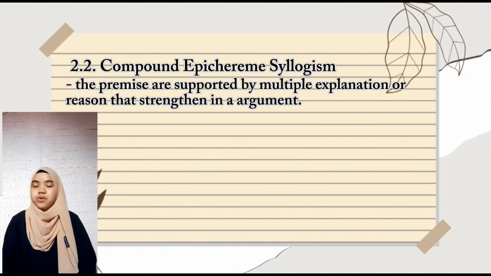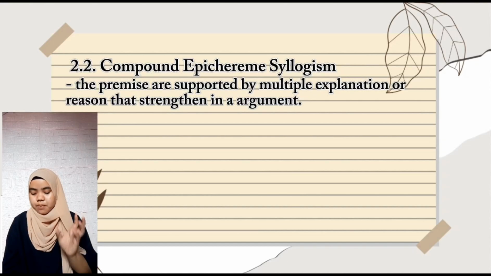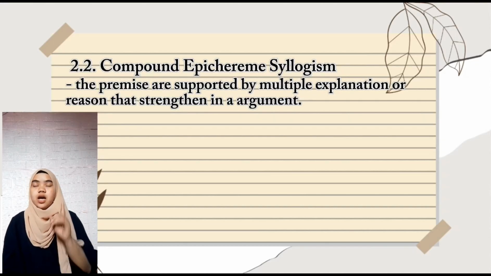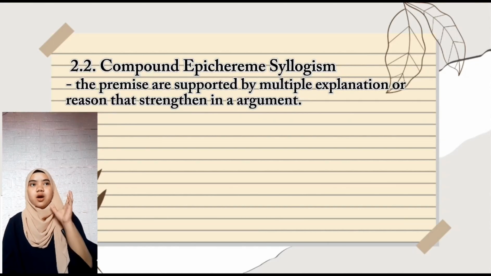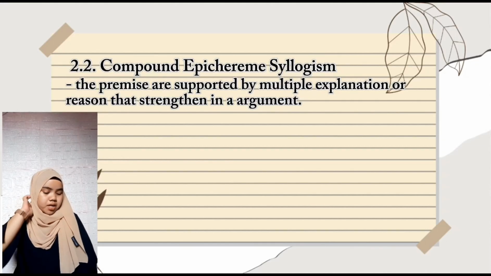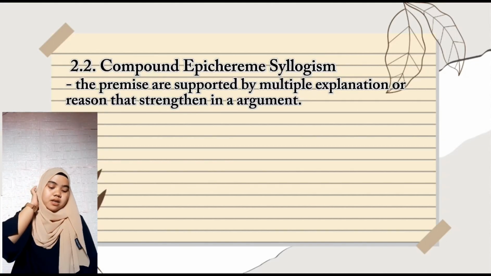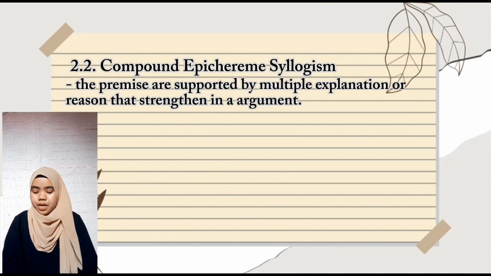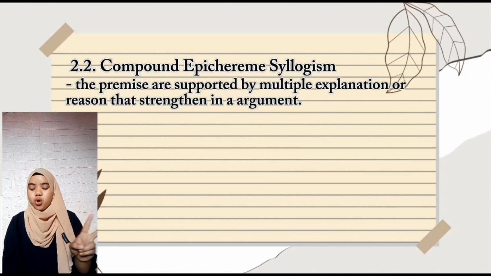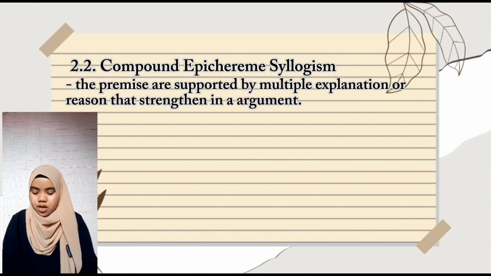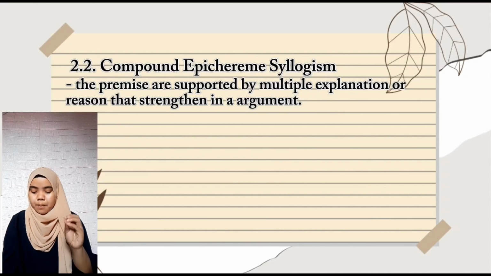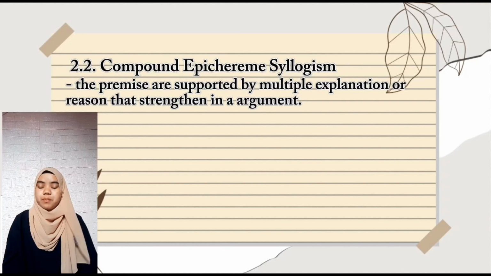So, sa simple epigram syllogism is just one word ang idadagdag sa statement para mas lalong maintindihan yung pinapahiwatig ng statement, while the compound epigram is marami, two or more clauses para makita yung relationship ng premise and the conclusion.